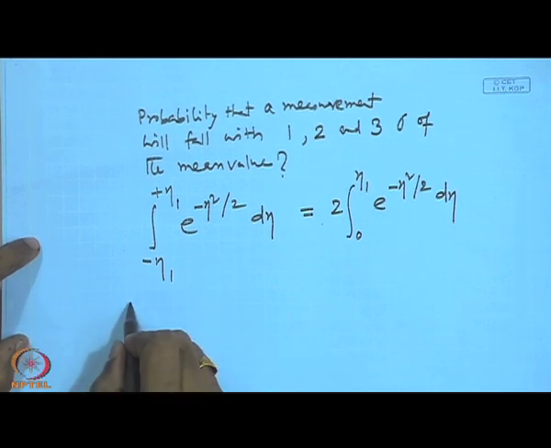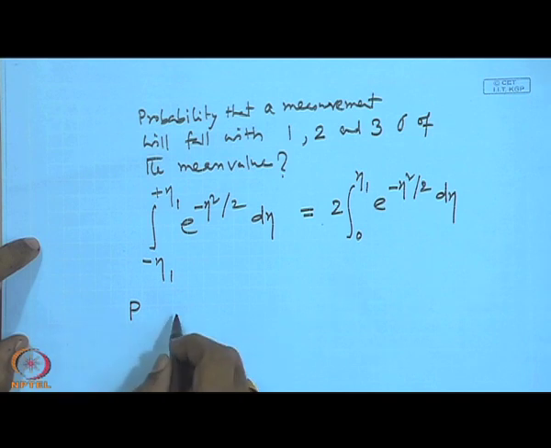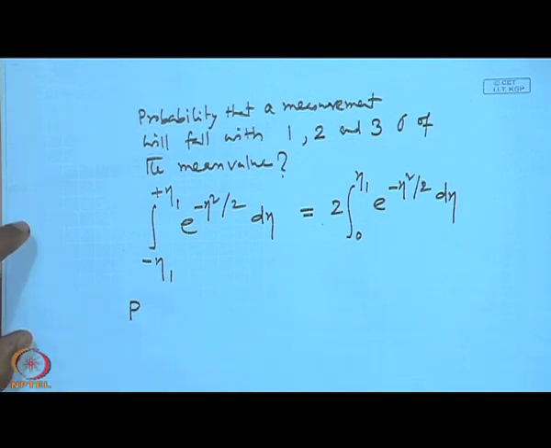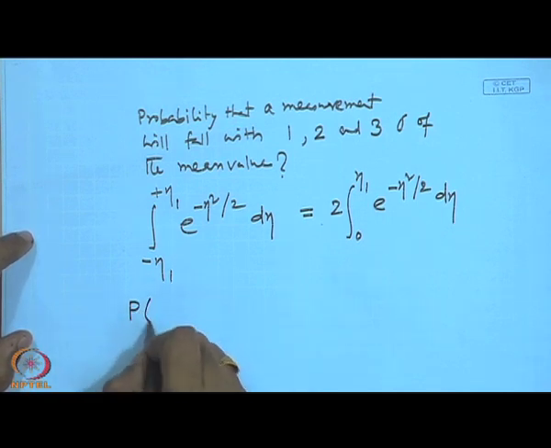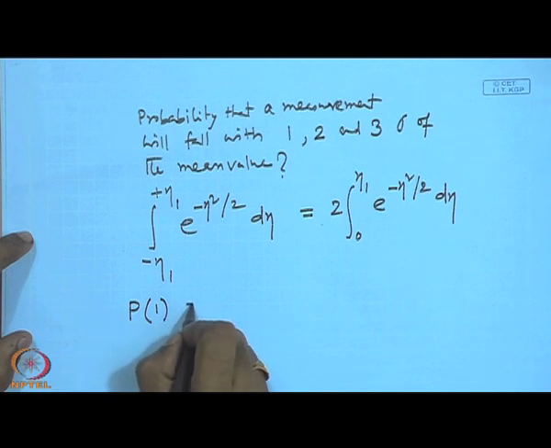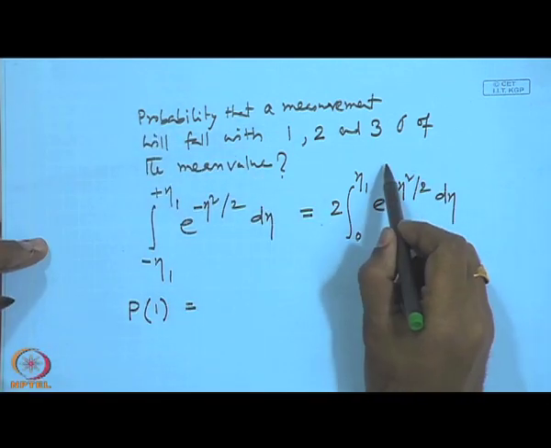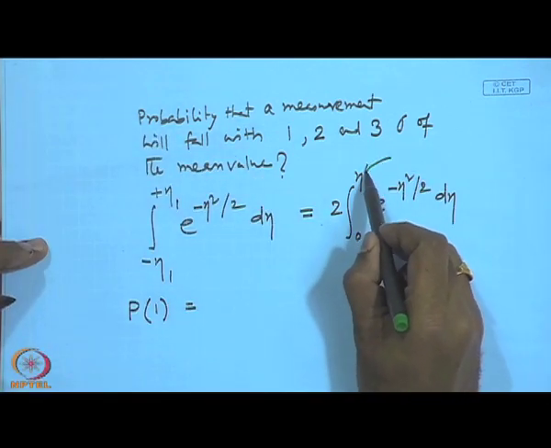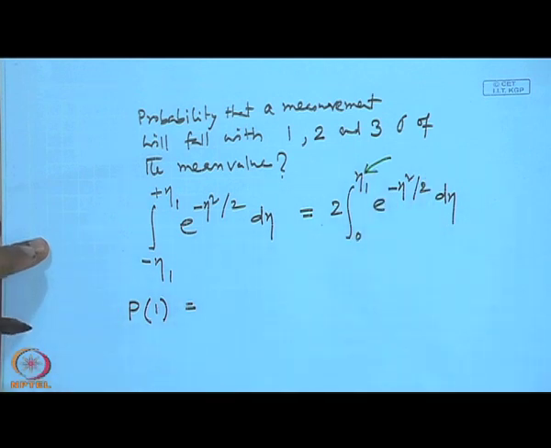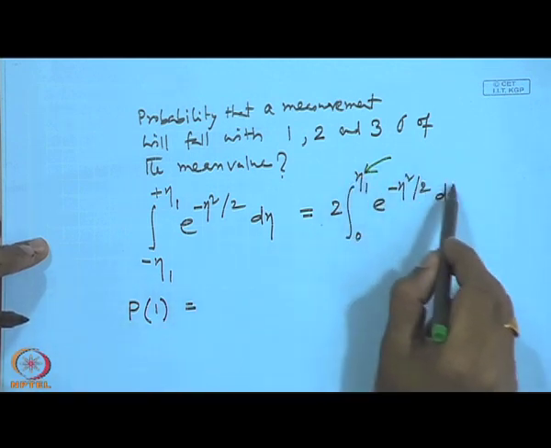So we want to find out what is the probability that a particular measurement will fall within 1 standard deviation of the mean value. Let us denote that by this. So, all we need to do is, for eta 1 equal to 1, we need to look under the table what is the value of this integral.